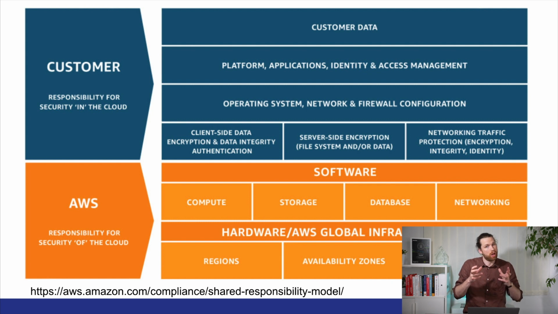There are loads of things that we as AWS customers must do to make sure that we secure our cloud infrastructure. Number one, we need to think about encryption. So we need to make sure that we encrypt our data at rest or in transit. We need to make sure that we configure our network properly, and we use the right tools to check the network traffic. We also need to make sure that we regularly patch our servers.